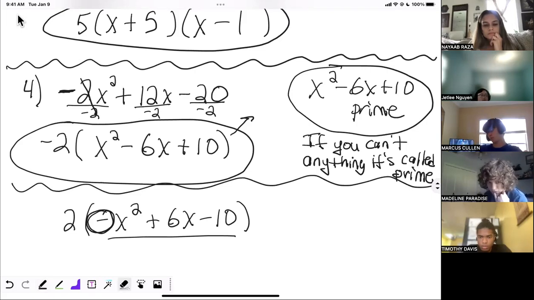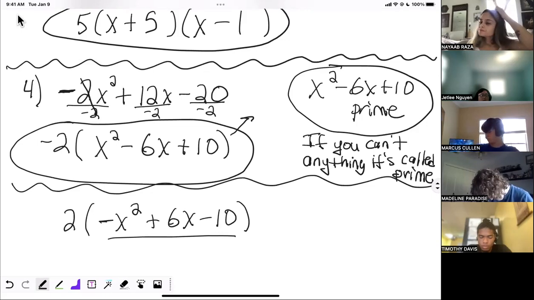But in math, we never leave a negative in the very front of a polynomial. We're going to take what we're learning now and do something else next time we meet. If it has a negative in front, whoops, we're in trouble. So a negative should always come out if it's in the very first term. So is it wrong? No. Is it completely factored?